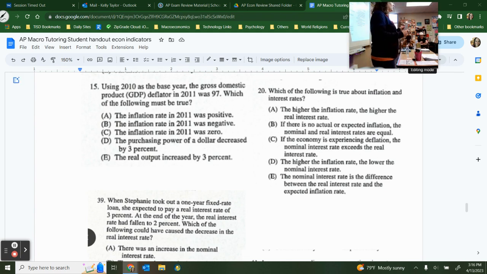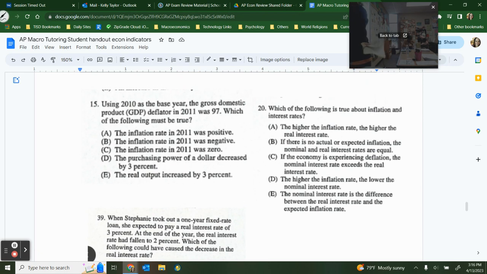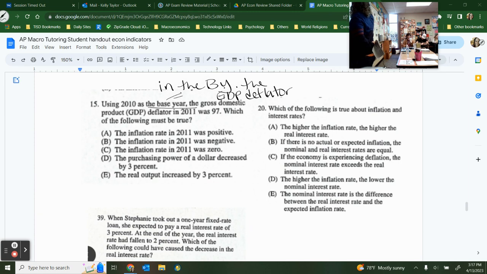So in the base year, what would the GDP deflator have been? 100. So in the base year, CPI/GDP deflator is going to be 100. Let's actually say what the GDP deflator equation is.